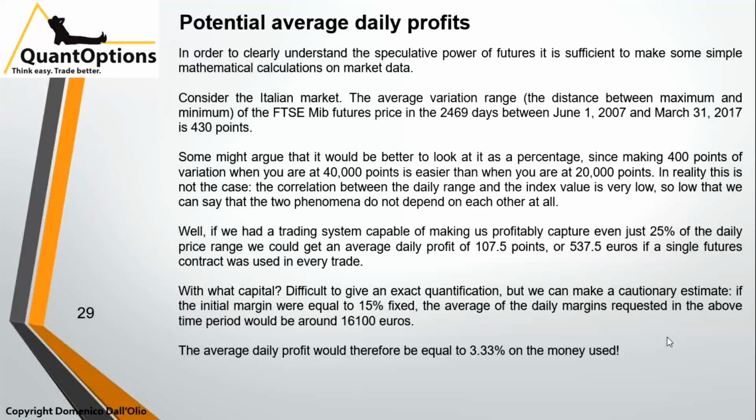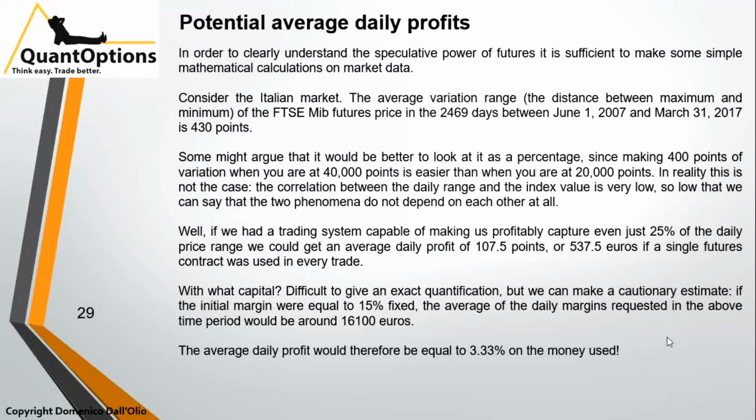Difficult to give an exact quantification, but we can make a cautionary estimate. If the initial margin were equal to 15% fixed, the average of the daily margin requested in the above time period would be around 16,100 euros. The average daily profit would therefore be equal to 3.33% on the money used.